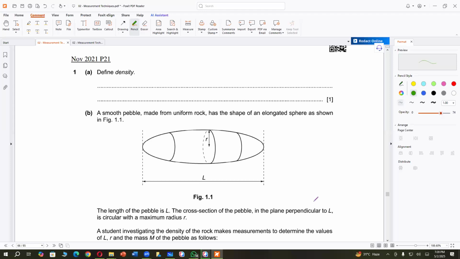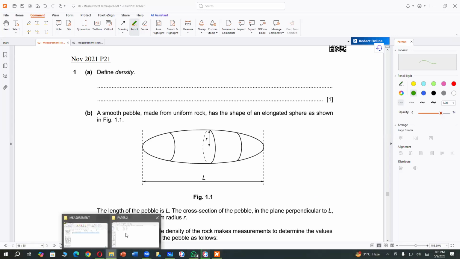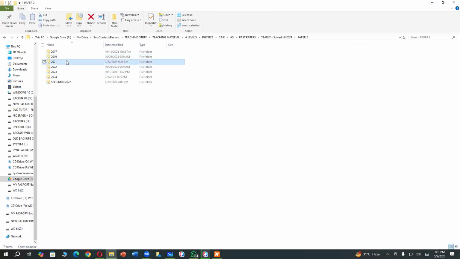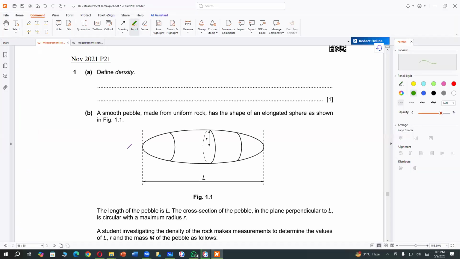Now look at this question. Define density. June 21, paper 2-1. Please open this paper. This is November 21, paper 2-1.